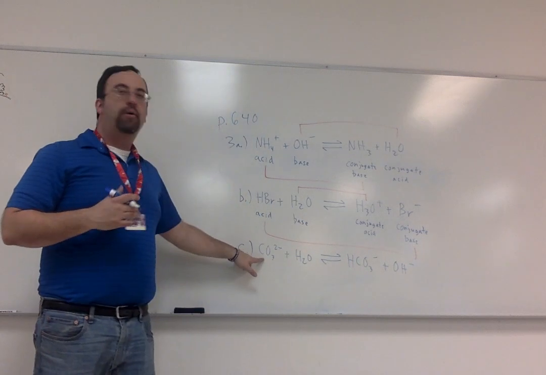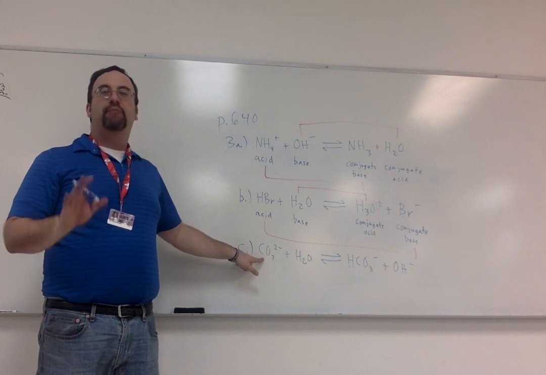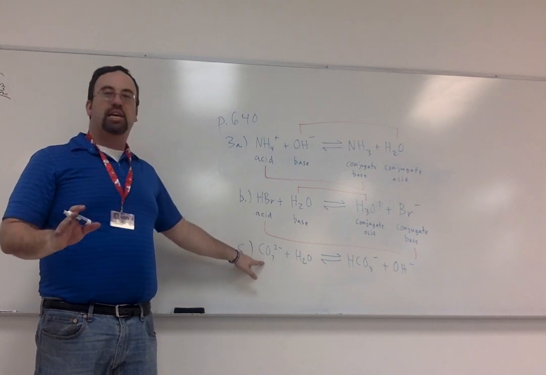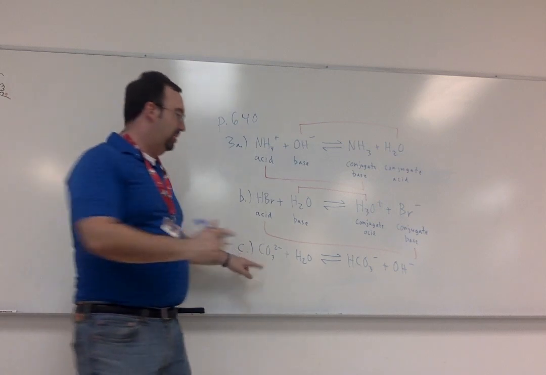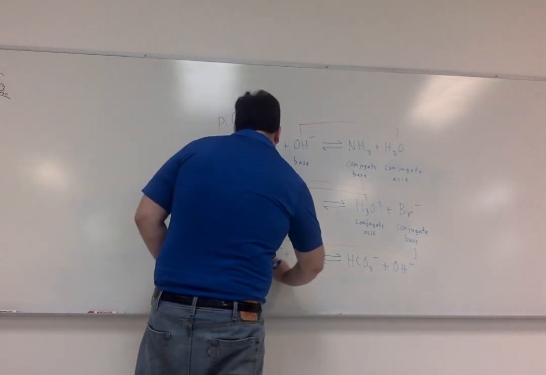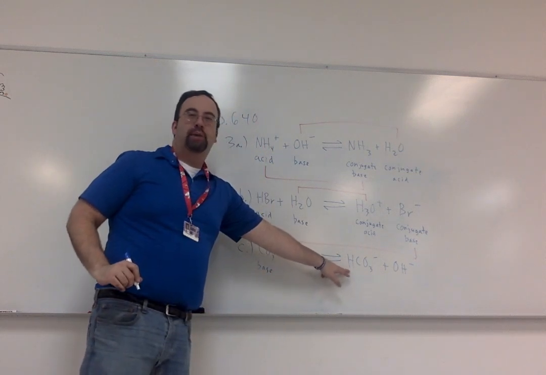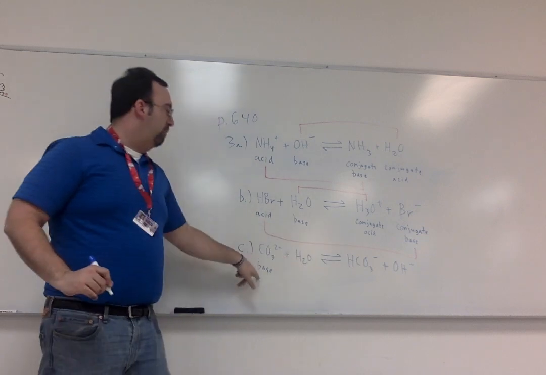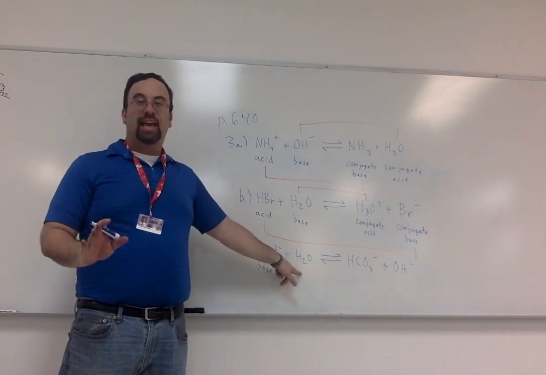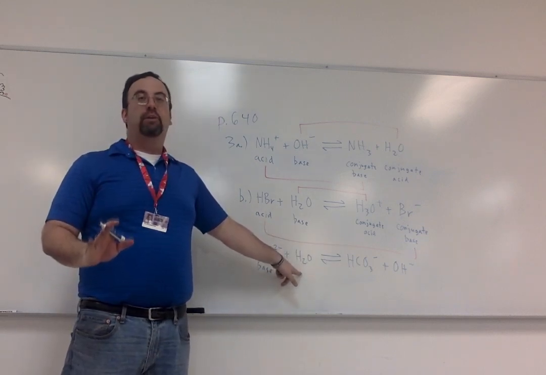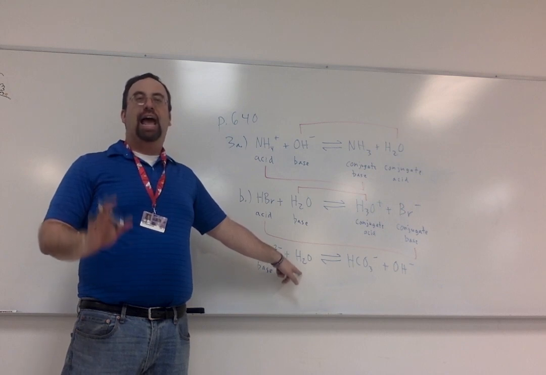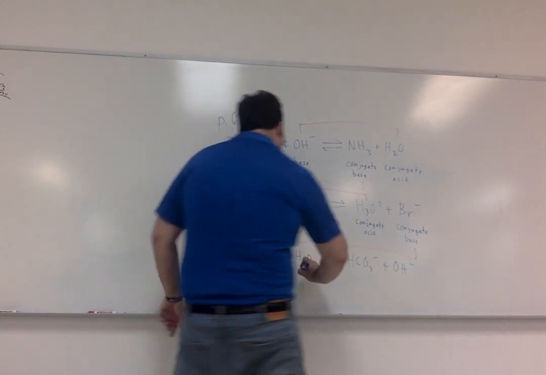So we know, based upon the Bronsted-Lowry definition, that this must be our base, because over here is where it's picked up the hydrogen ion. Therefore, the water in this case is not a base like it was in the last part, but it's actually acting as the acid.